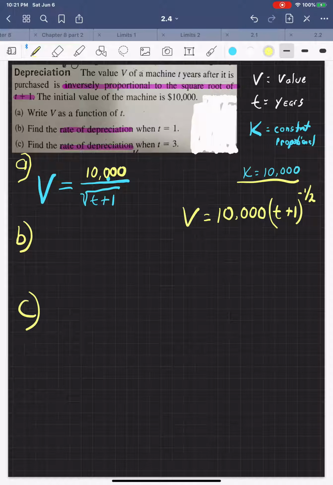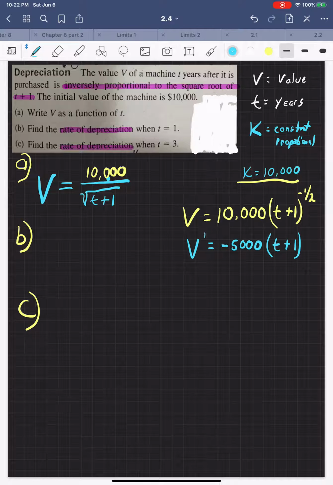Okay, so I've rewritten V. Now let's take a derivative. So V prime, I'm not going to go through all of the U, F of U, F prime of U. I just want to get to what it would look like. This would be 10,000 times negative 1/2, so that's negative 5,000 times t plus 1.